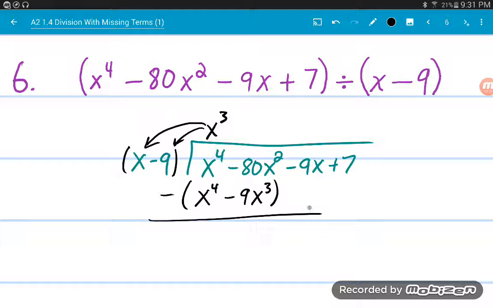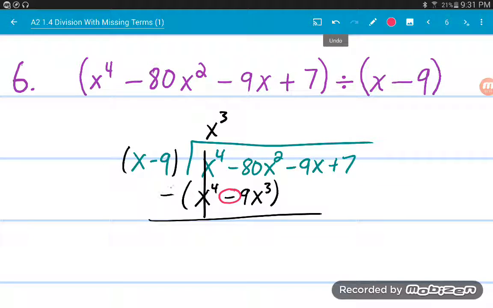Parentheses and subtract. Now you should notice that these terms cancel out, but these are not like terms. This is an x squared, this is an x cubed. They're not like, so we can't combine them. All we can do is bring them both down, just like today's note said. But we have to be careful about the sign.